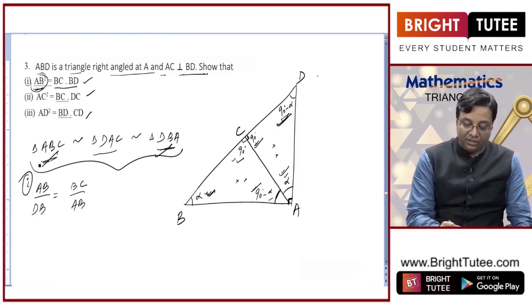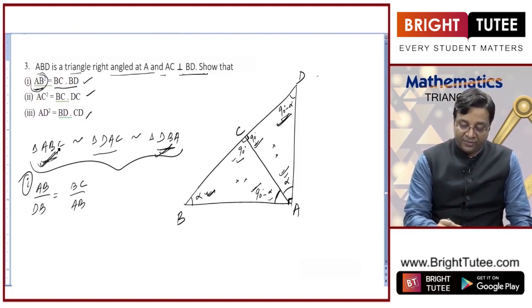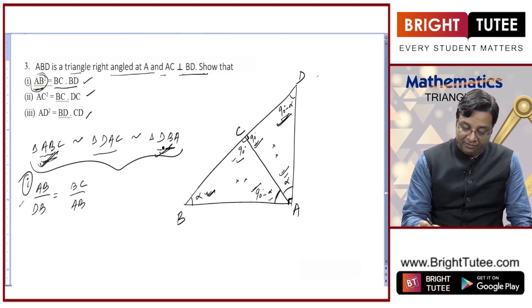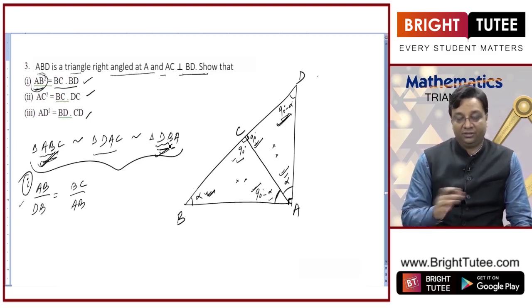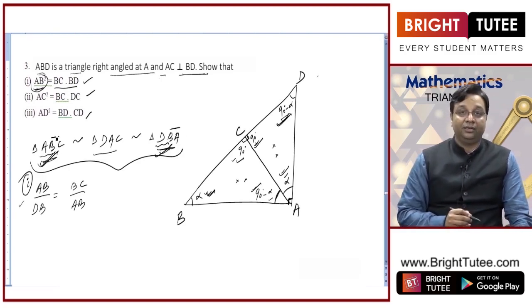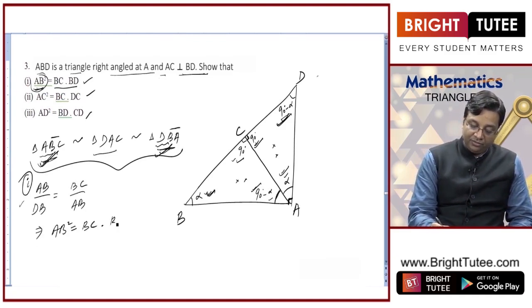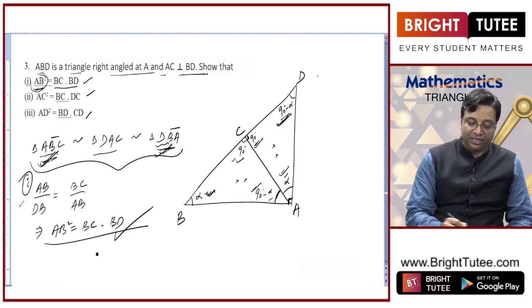So I will use this triangle and this triangle. In both these triangles, AB is common, right? And which ratio will I use? I will use the ratio involving AB. So AB, if I take from here, I will have to take DB from here, which is the corresponding side. And now I need another AB, which can be taken from here. So I need to take BC from here. Now AB square is equal to BC into BD or DB. So the first part is proved.